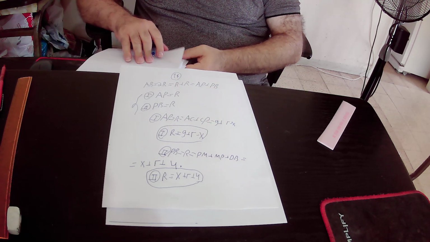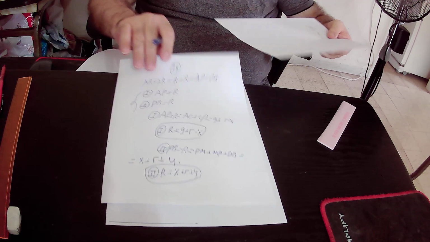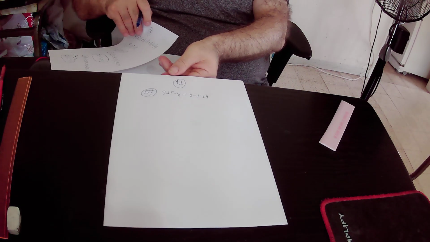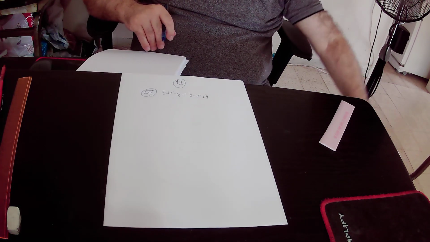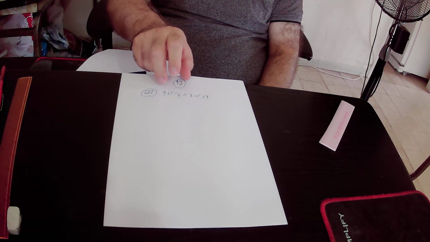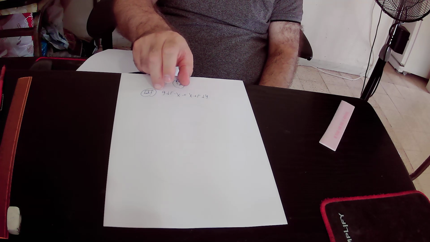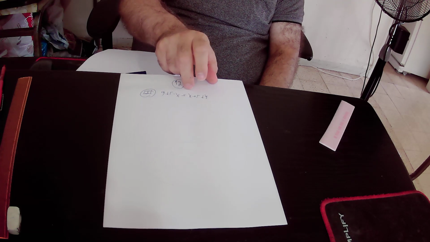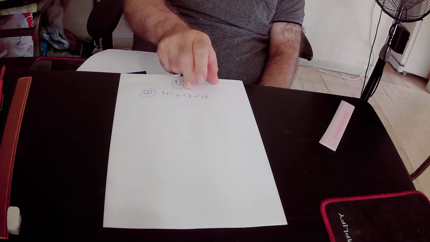Okay, again, equation number 3 states that the radius of the big circle according to equation number 1 equals the radius of the big circle according to equation number 2.